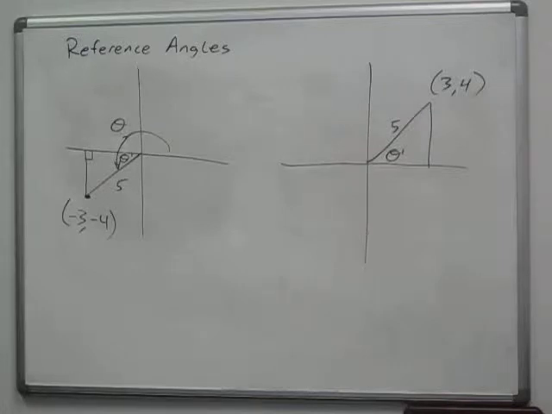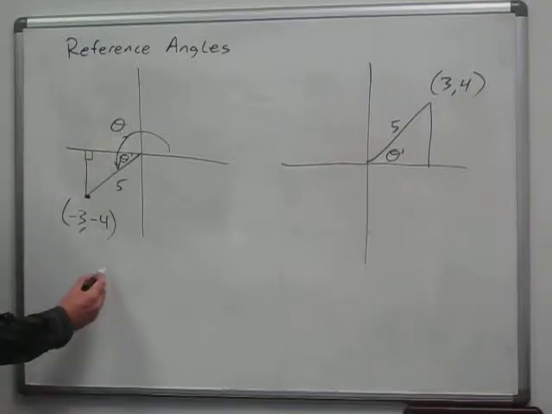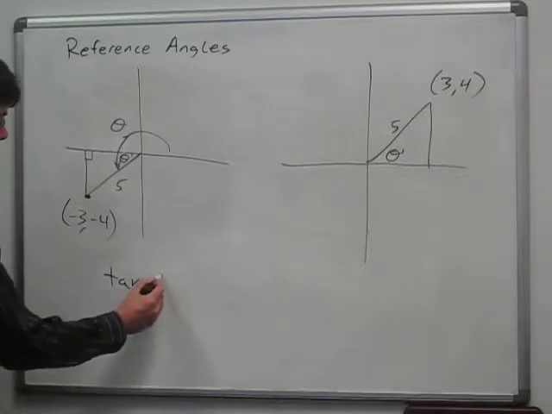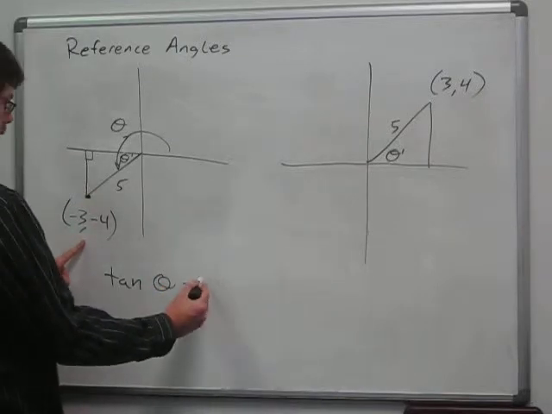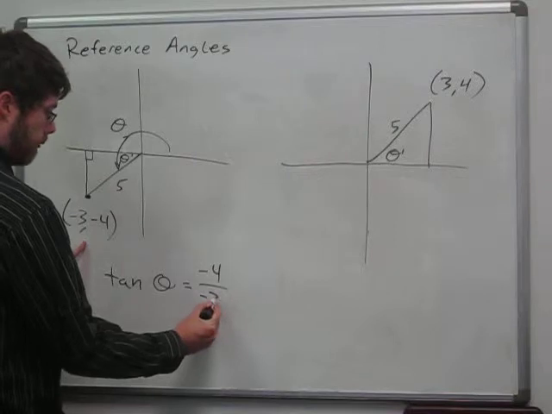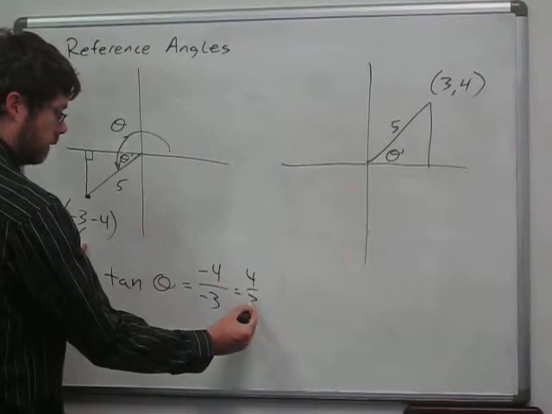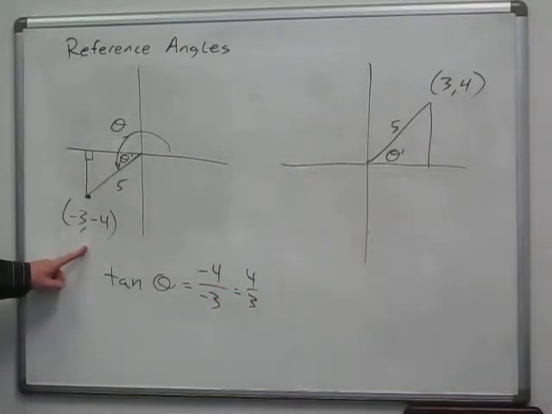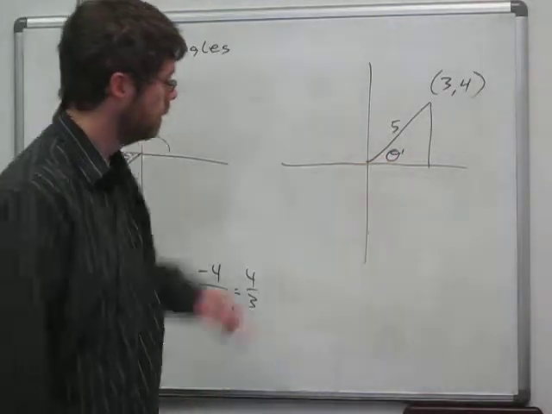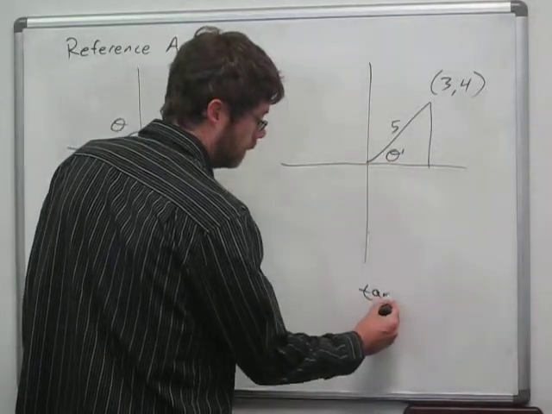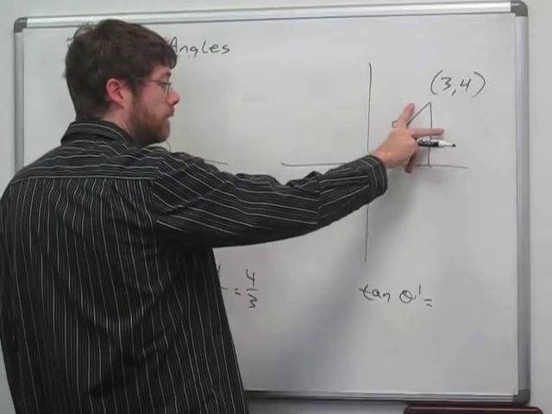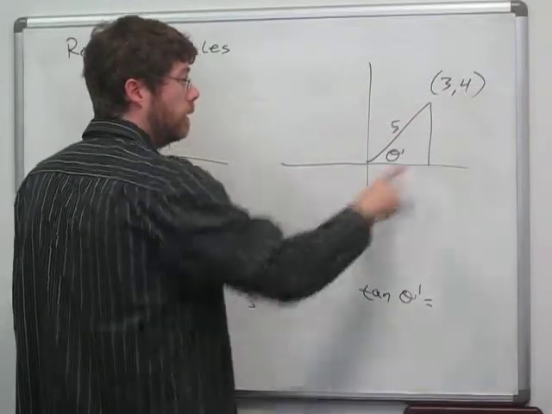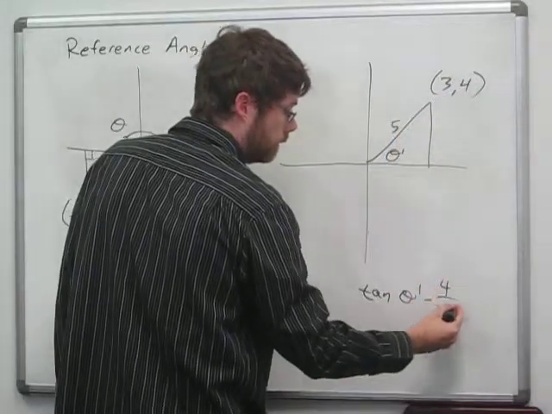So I could compute, let's say, the tangent of theta. Over here we know what to do, just take the y-coordinate and divide by the x-coordinate, and we get 4/3. Or I can think about the tangent of the reference angle using this reference triangle, and again I get 4/3.